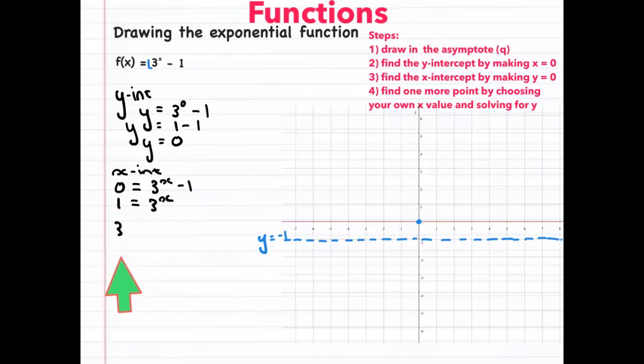We write 3 to the power of 0 because 3 to the power of 0 is a 1. And that's equal to 3 to the power of x. Now the bases are the same and the exponents will then be the same. So 0 equals x. So my x-intercept is also at 0, and that's what I knew earlier on, because if it goes through 0 on the y-axis, it goes through the x-axis also at 0.